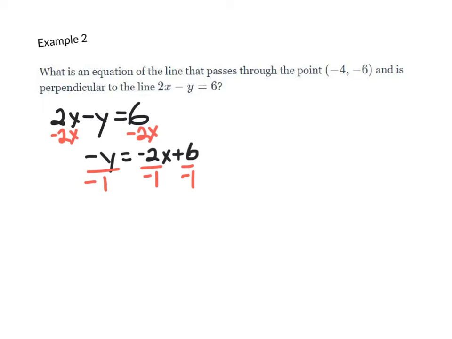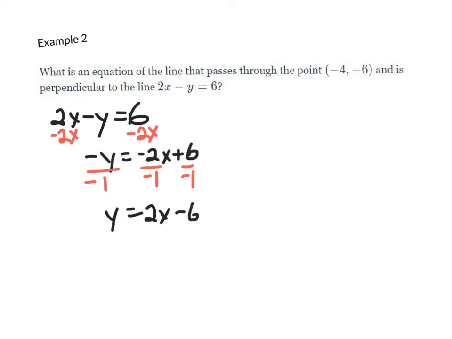You're just really switching the signs. So y equals, same thing here, negative 2 divided by negative 1 makes it a positive 2. So that becomes 2x. And then the positive 6 divided by a negative 1 makes it a negative 6. So then this is our equation, y equals 2x minus 6.